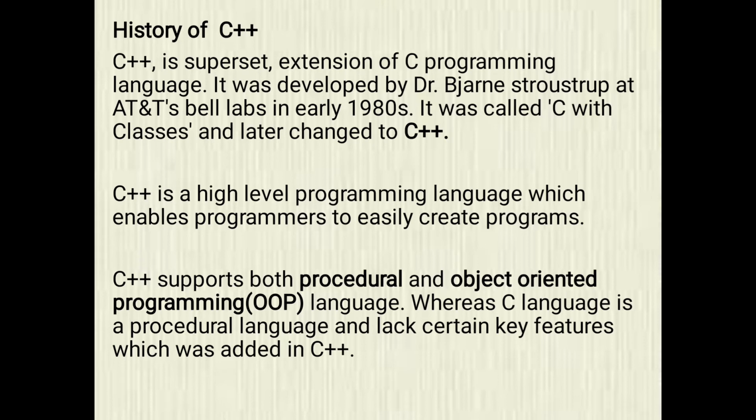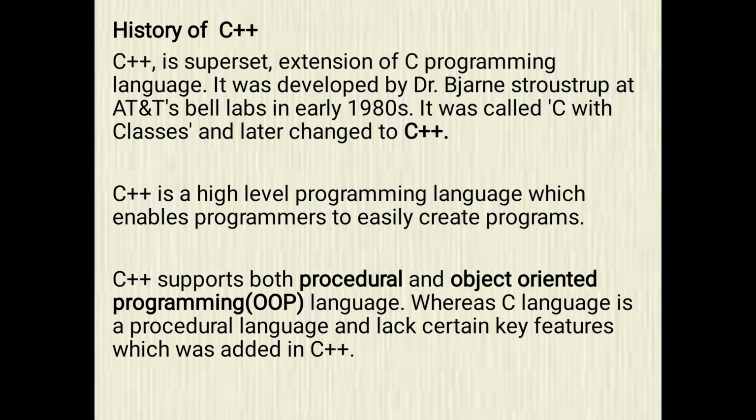Now C++ supports both procedural and object-oriented programming, that is OOP. In short, it is an OOP language, whereas C is a procedural language and lacks certain key features which were added in C++. What is procedural, we'll see in brief. The concept of object-oriented programming is in this unit, in this particular chapter, but only the theoretical explanation is given.